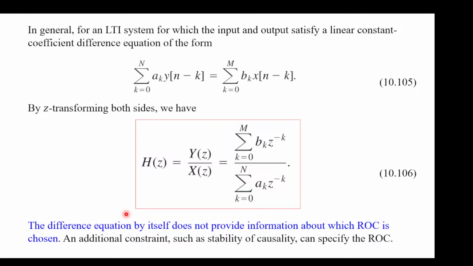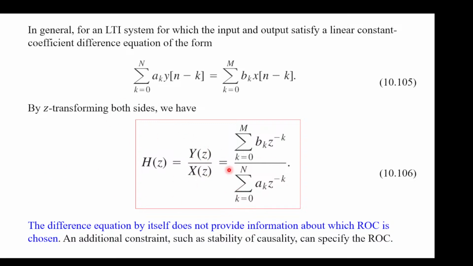In general, we have a very general expression for a linear constant coefficient difference equation: the summation of a_k y[n-k] equals the summation of b_k x[n-k]. Do the Z transform on both sides and move things around.